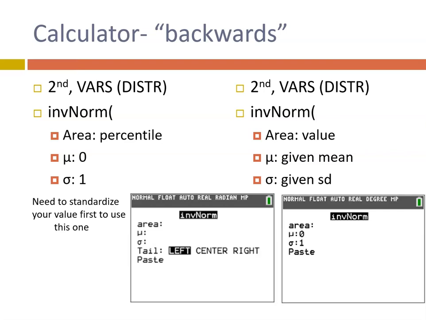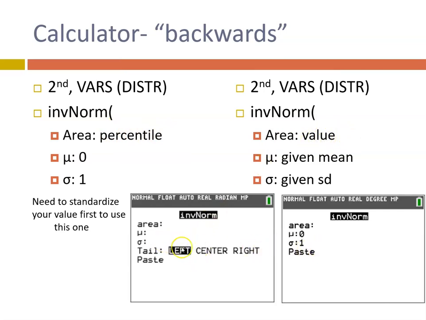This will give us the interval or the point based on a particular area. There are 2 different ways you can use inverse norm, just like there were 2 different ways you can use normal CDF. If you want to have it standardized, you would use 0 and 1 as your mean and standard deviation. If you just want to use the values that were given in the problem, you would do it this way. Another difference there is that you would find the percentile versus the value that was given to you.